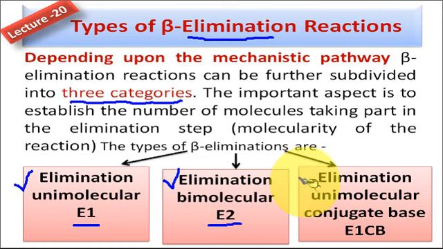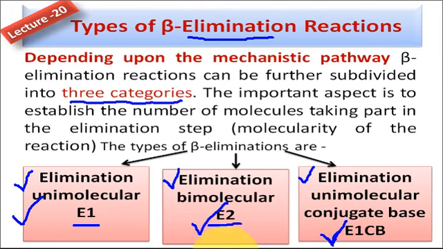Third, elimination unimolecular conjugate base reaction, that is the E1CB reaction. So beta eliminations are the 1,2 elimination reactions, and depending upon the mechanism they are of three types: E1, E2 and E1CB.